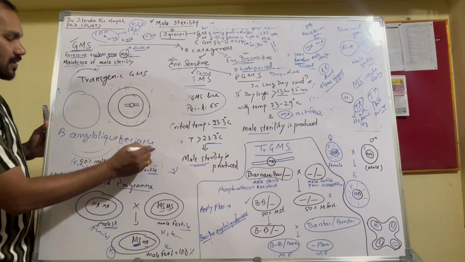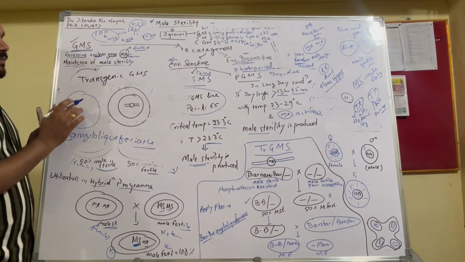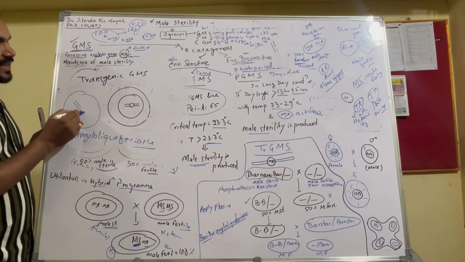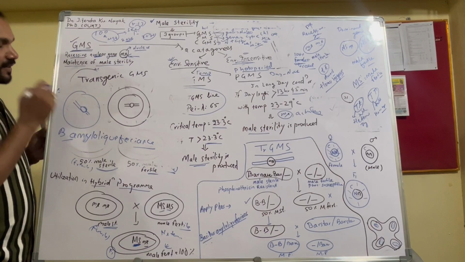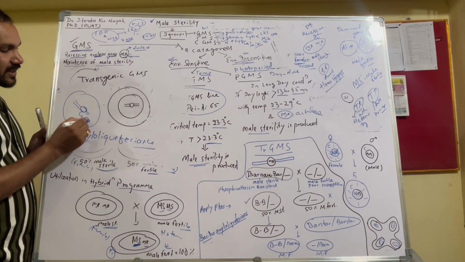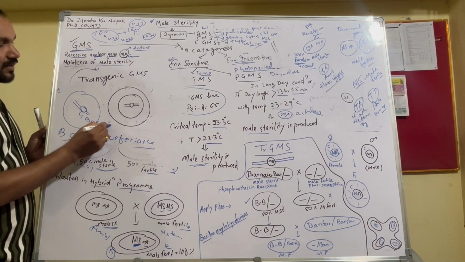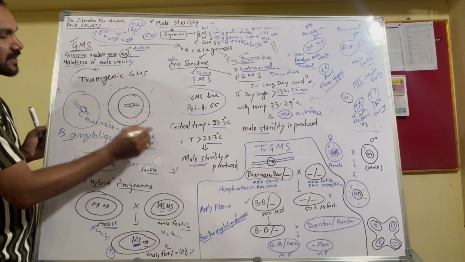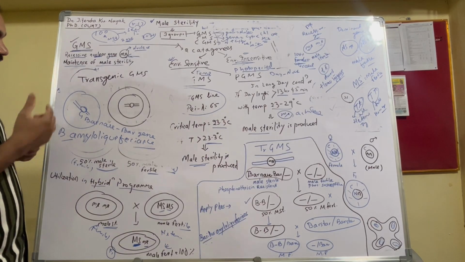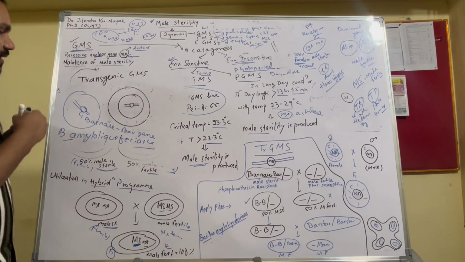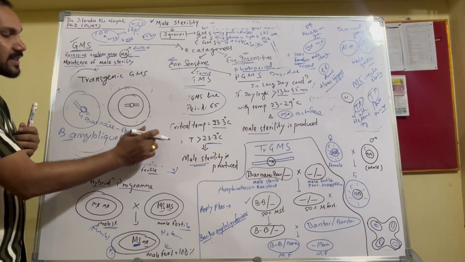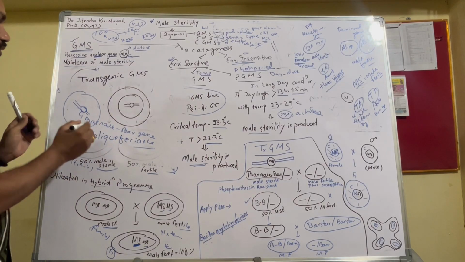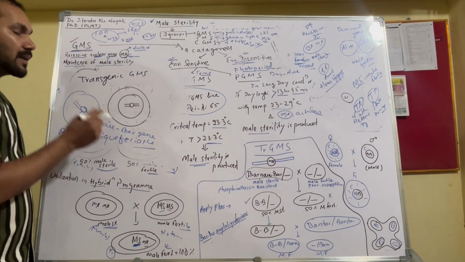This Bacillus amyloliquefaciens has a gene, called the barnase and barstar genes. This barnase gene is used for the development of male sterility.